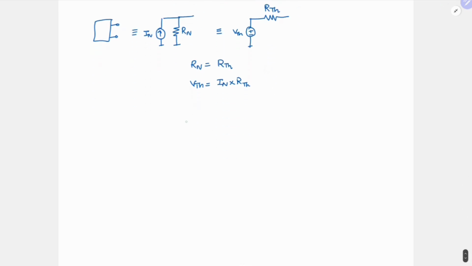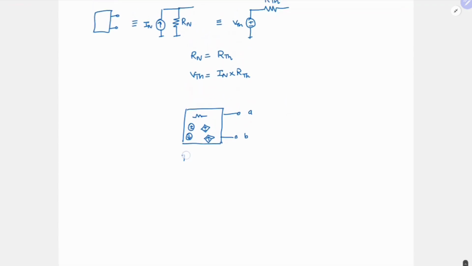So how will you find this Norton equivalent resistance? You will have many elements, right? Independent sources, dependent sources, right? So this is your A and B. You need to disable all the independent sources.